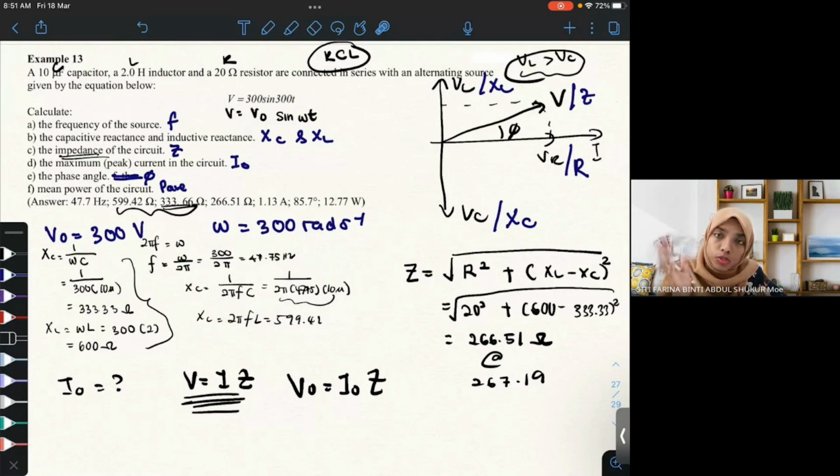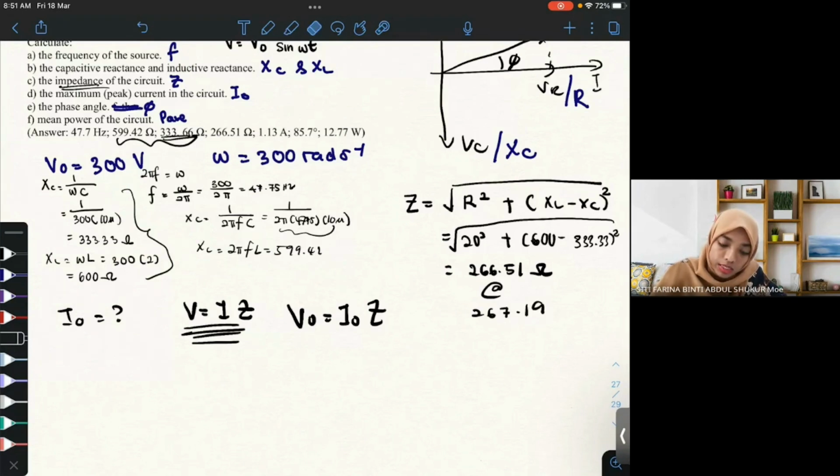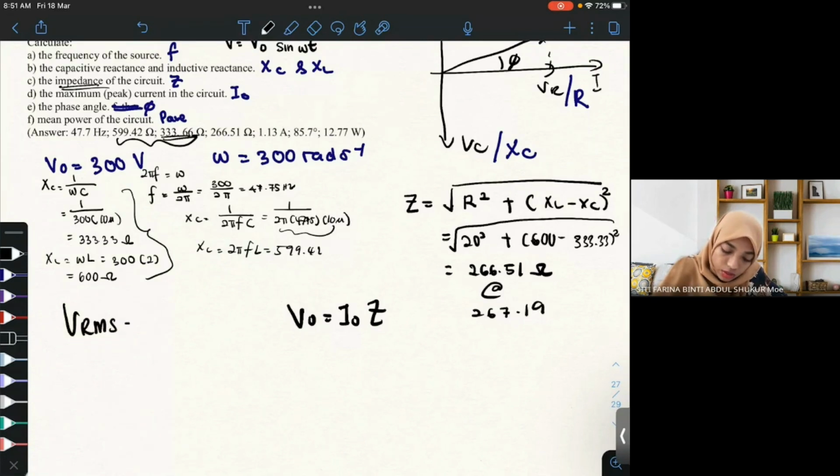So total opposition. Sebab kita nak cari I0 dan kita ada V0, so kita jadikan equation ini sebagai V0 is equals to I0 Z. Kalau nak guna RMS, dia kena V RMS equals to I RMS. Okay, sebenarnya equation ini kita akan guna untuk RMS lah. V RMS is equals to I RMS Z. V RMS adalah V0 over root 2.